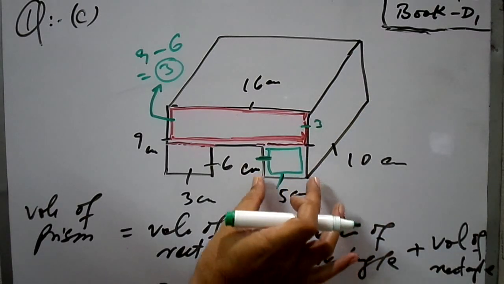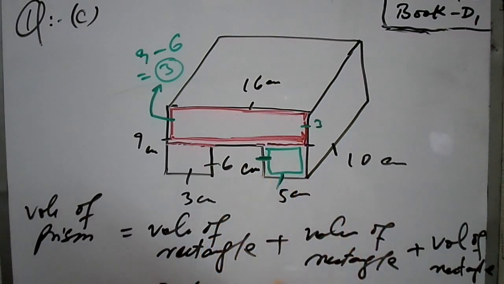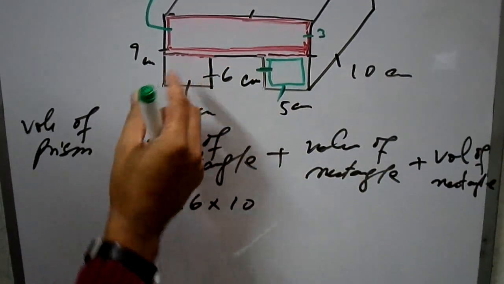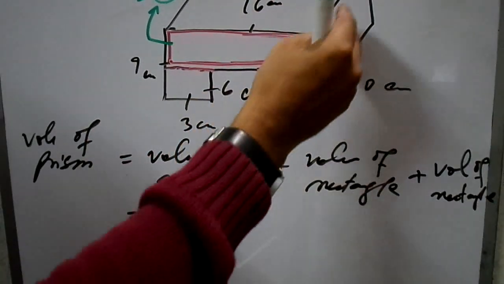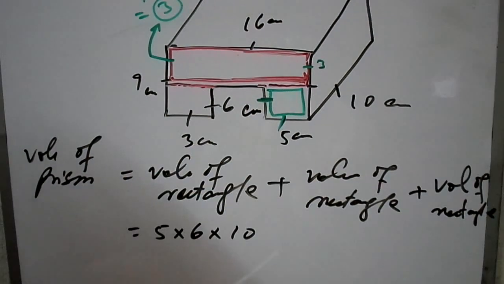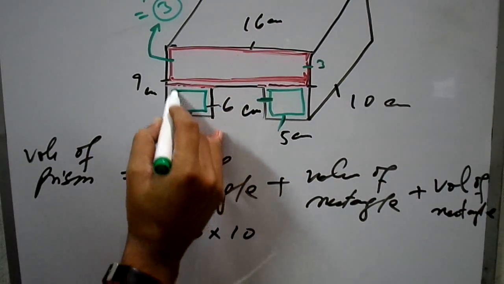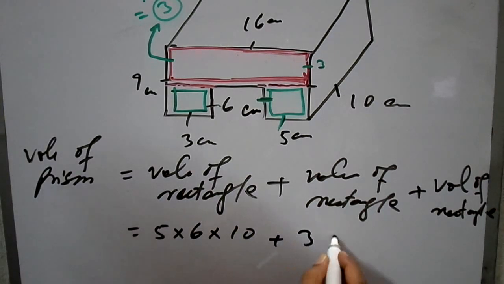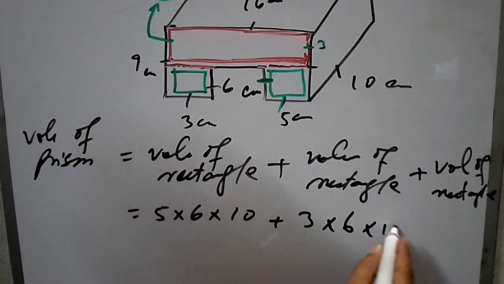So it means you can use this rectangle here. One rectangle is this one, second rectangle is this one, third one is here, this one. So you can find all 3 rectangles. The sum of 3 rectangles, you will get the result. Plus similarly another is into 6 into 10.